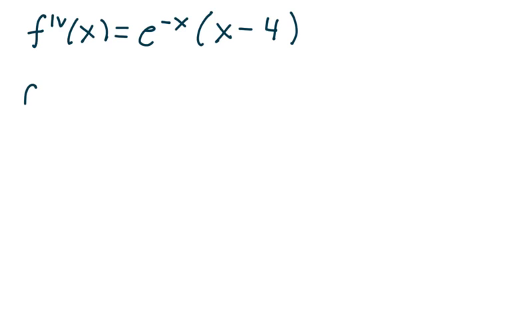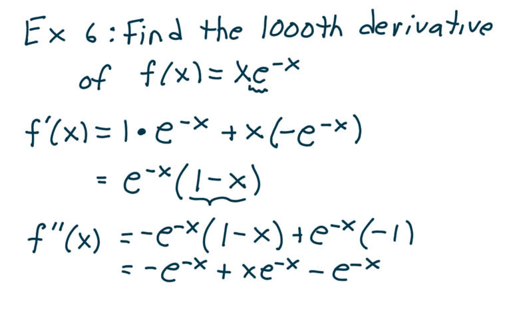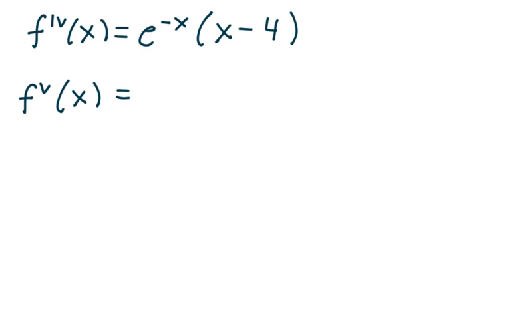And what that tells me is that if I take the fifth derivative, so notice with the third derivative, I get e to the negative x times 3 minus x. With the first derivative, I got e to the negative x times 1 minus x. So you notice how that derivative matched the 1. With the third derivative, I got a 3. So with the fifth derivative, I should get a 5. Okay?